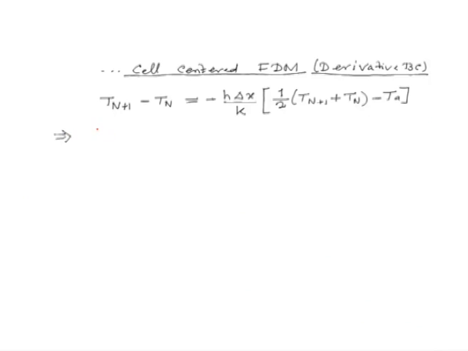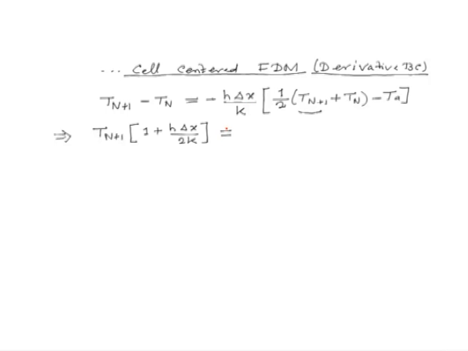So, we get T of n plus 1 within brackets 1 plus h delta x by 2k, we have just transferred the first term, half Tn plus 1 multiplied by minus h delta x by k, to the left hand side.